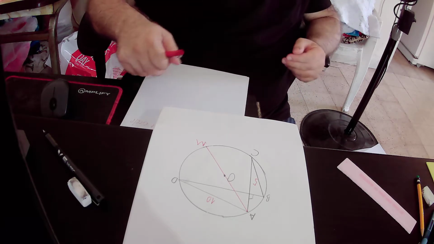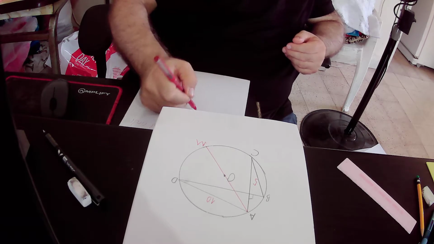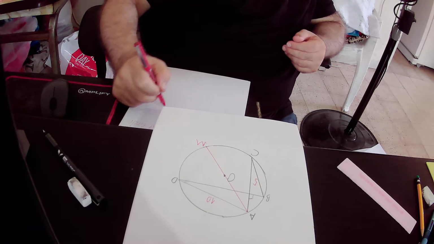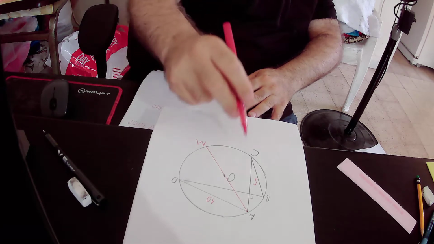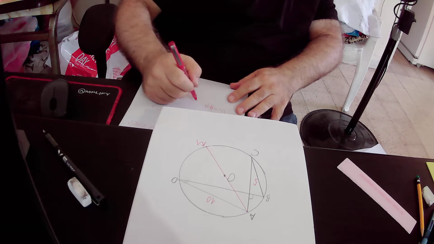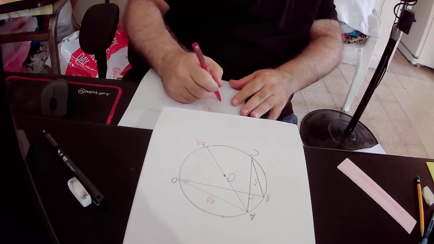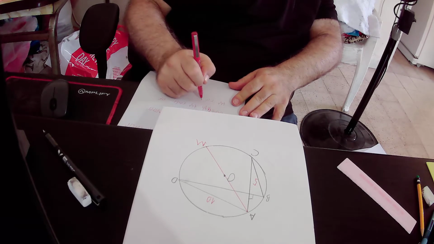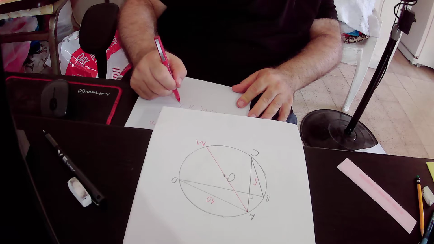Okay, or I can write that any chord that passes through the center of the circle is defined as the diameter of the circle.